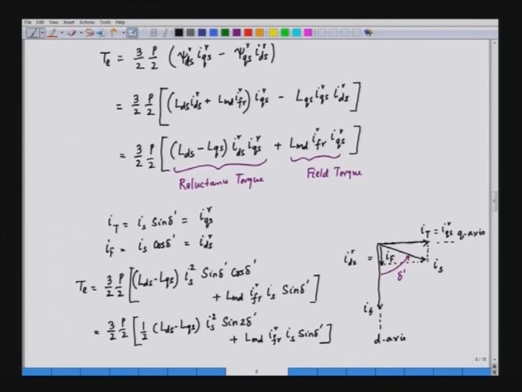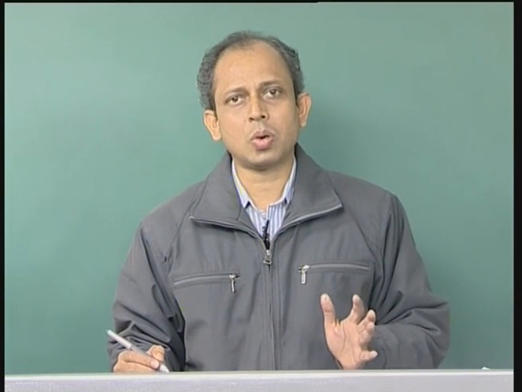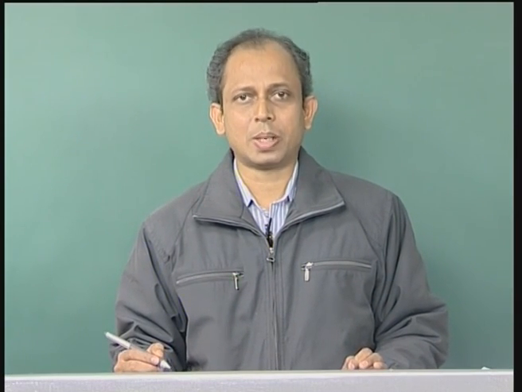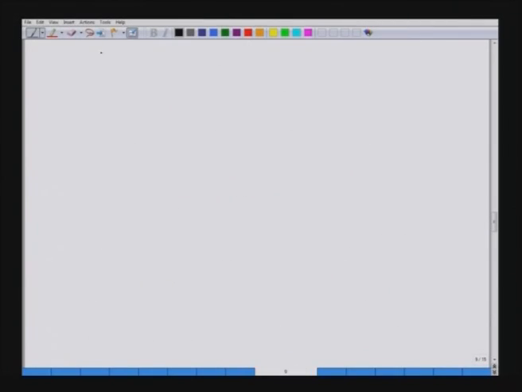Now, what we do here is put delta prime equal to pi by 2. That is the condition for vector control. Vector control means we are trying to control the PMSM just like a DC machine, and that is achieved when we make delta prime equal to pi by 2. So, we have this expression for the torque, T is equal to 3 by 2 into P by 2.